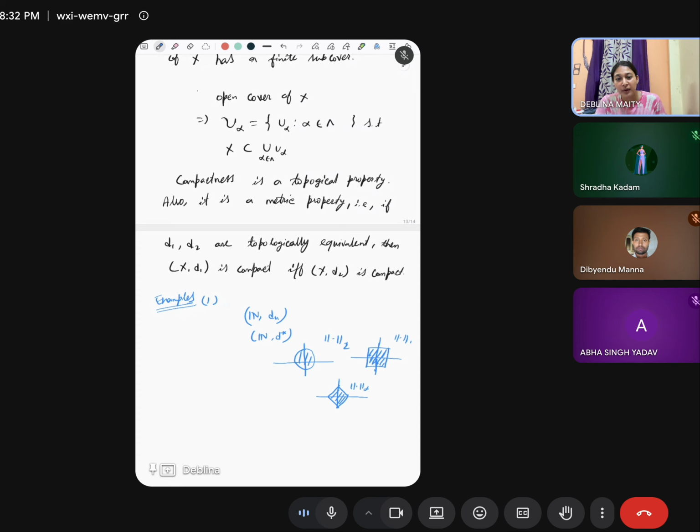So all the open balls are different for different norms, but they generate the same topology. We have seen that all these norms are equivalent in R2 or Rn. Okay.